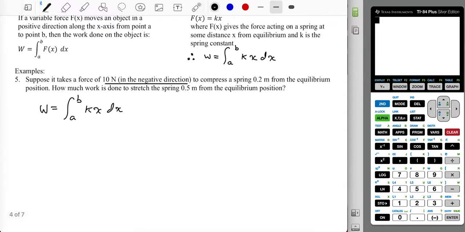So we know f of x is equal to kx. They're telling us this is going to have a force of -10, essentially. Now this is happening over an interval of 0.2 meters.